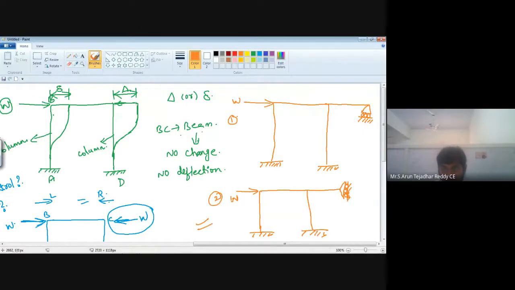First of all, check the roller support direction. In this direction we will have one vertical support. But here the load is in the horizontal direction, and the support gives only a vertical reaction.